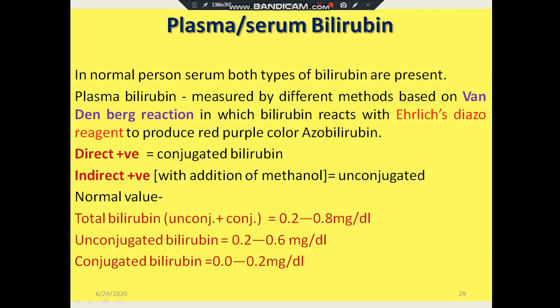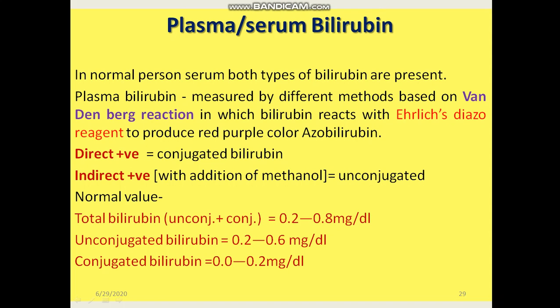If it is direct positive, then conjugated bilirubin is present, and if it is indirect positive, there is presence of unconjugated bilirubin. Indirect positive means that with the addition of methanol, the reaction becomes positive, while for direct bilirubin, we do not need the help of methanol to form azobilirubin.